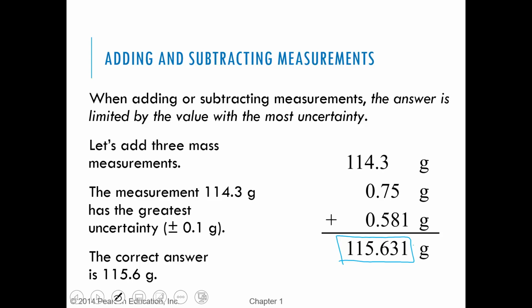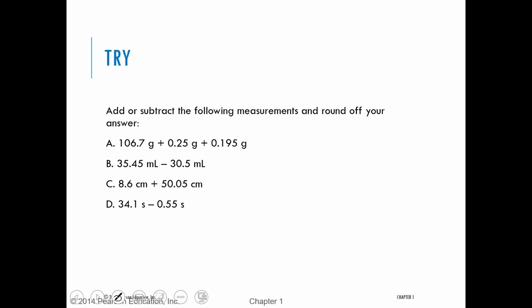But again, this first measurement is to the tenths, and it is the least precise. Therefore, my answer can only be to the tenths. So I would say, okay, well, is that 3 going to do anything to the 6? Nope, 115.6 grams. So try adding and subtracting these 4 examples. Pause the video and come back to check in a minute.